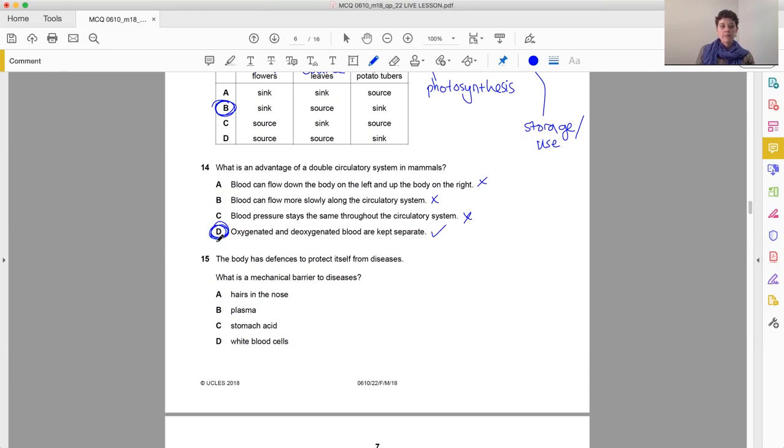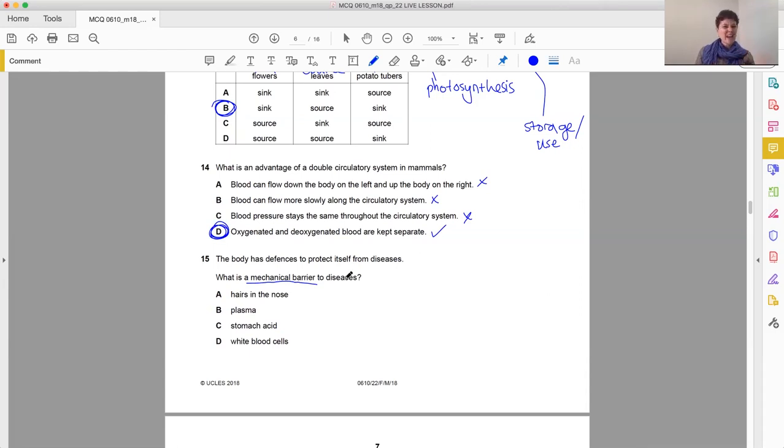15. The body has defenses to protect itself from diseases. What is a mechanical barrier to diseases? Okay, so something that stands in the way of those pathogens. So our choices are hairs in the nose, plasma, stomach acid, and white blood cells. Well, plasma is not involved.